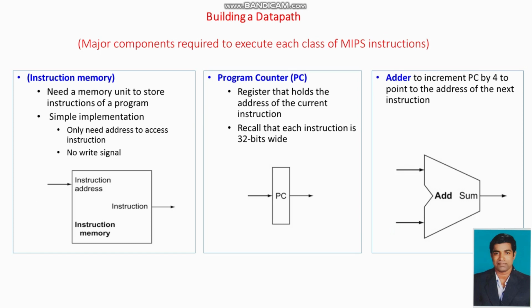Then with that address we are fetching the instruction from instruction memory with the help of the program counter. Here the program counter is a register that holds the address of the current instruction, and recall each instruction is 32 bits wide. An adder increments the PC by 4 to point to the address of the next instruction. These 3 components are very essential for fetching a particular instruction from the instruction memory.